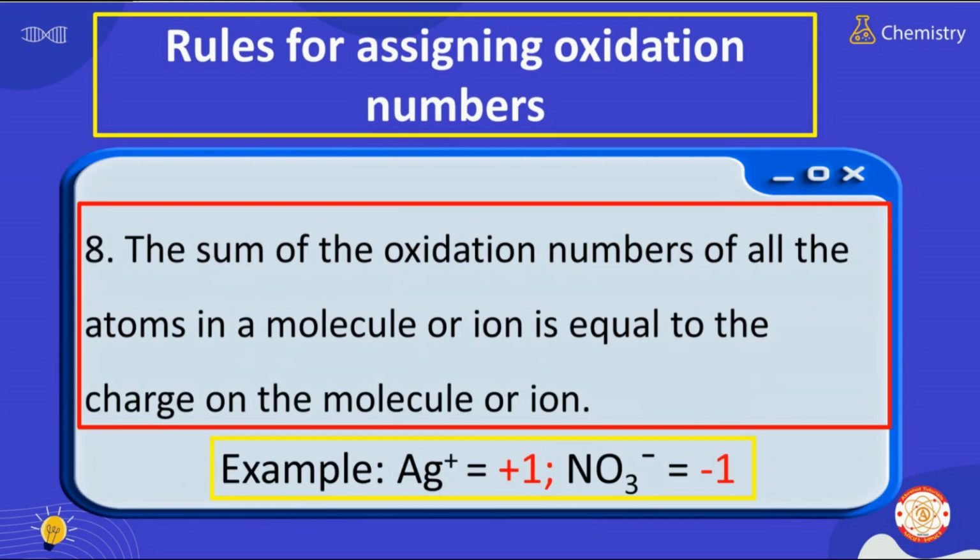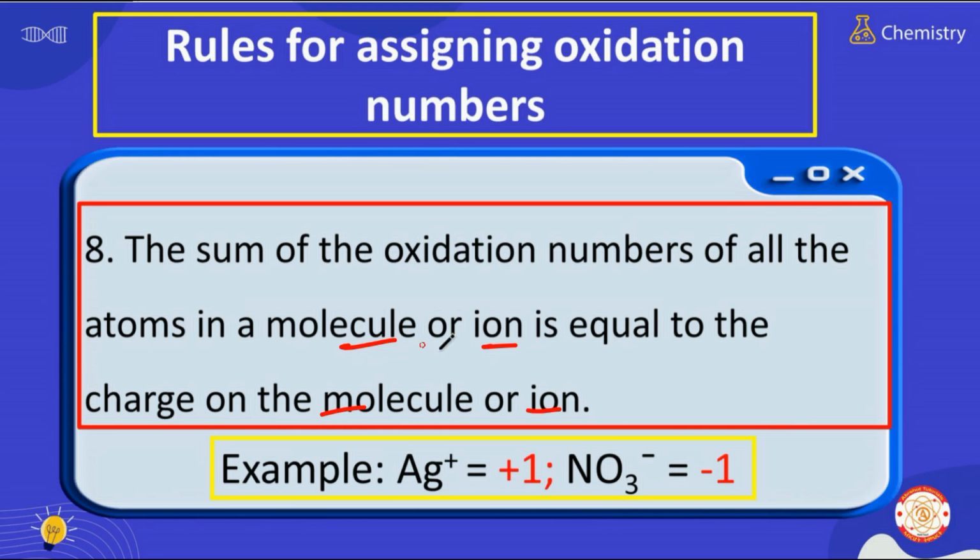Rule number 8. The sum of the oxidation numbers of all the atoms in a molecule or ion is equal to the charge of the molecule or ion. So if you have a polyatomic ion, especially, the sum of the oxidation numbers of all the atoms in a molecule or ion is equal to the charge of the molecule or ion.